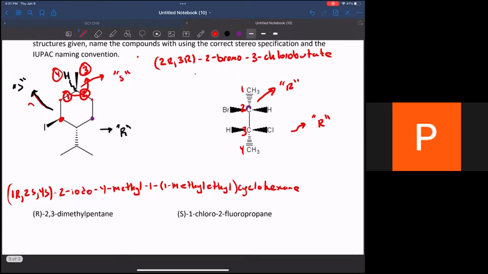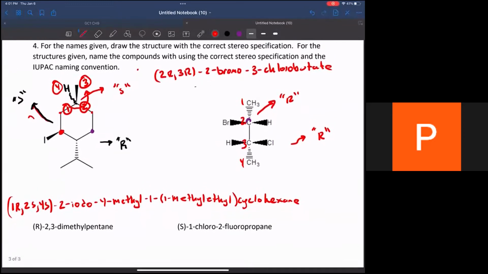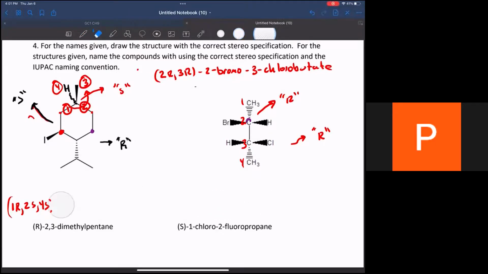Okay. Now, how do I draw these other structures? So I'm going to go ahead and get rid of that so I have some room. Drawing structures is, again, always a little bit easier than naming structures. So I've got a pentane, 1, 2, 3, 4, 5.